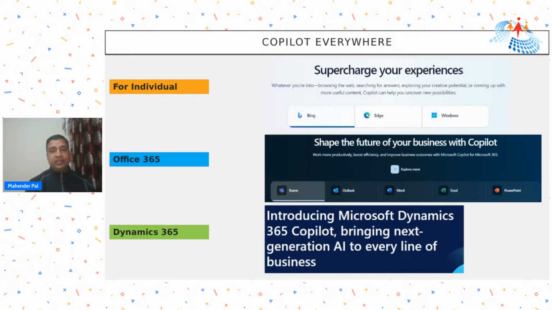Let's say we are an individual using Bing search on your personal computer, or using the Edge browser, or using Windows on your personal computer. You can use Copilot, and that will help you perform the task, whether it's a Bing search or if you want to do something on Windows. It will help you accomplish your task there.